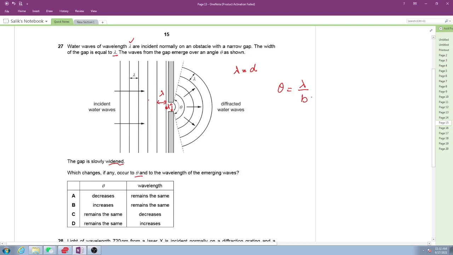So when we are increasing the b, what's going on to the theta value? That one decreases. And keep it in mind, in diffraction, the wavelength doesn't change, it remains the same. So the theta value decreases and the wavelength remains the same. So we can say our correct answer is A.